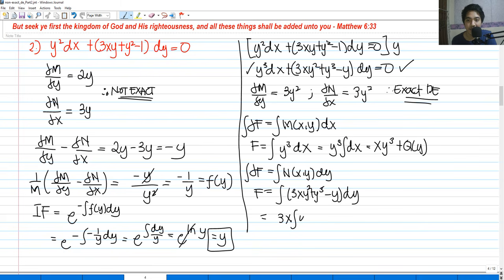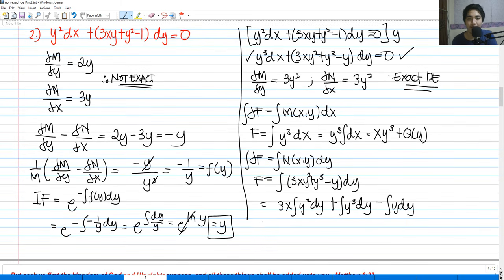So we have integral of 3xy squared dy plus integral of y cubed dy minus integral of y dy. Okay, so integrate. We have 3x y cubed all over 3, this would cancel. Plus y raised to 4 all over 4 minus y squared all over 2 plus the r of x, a function purely in terms of x because we have integrated with respect to y.